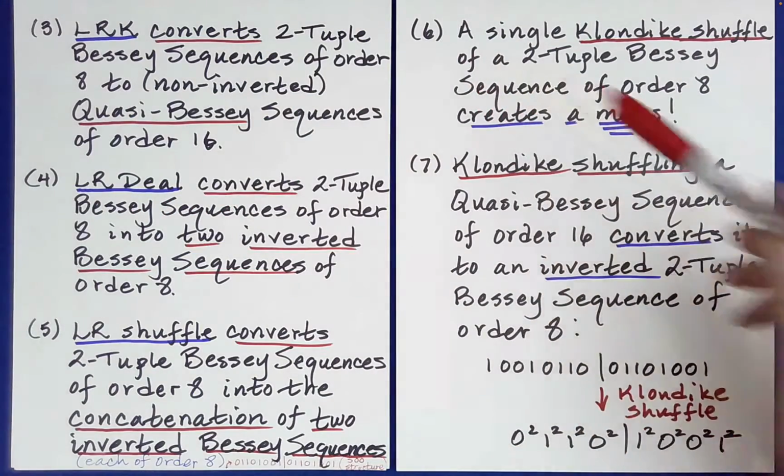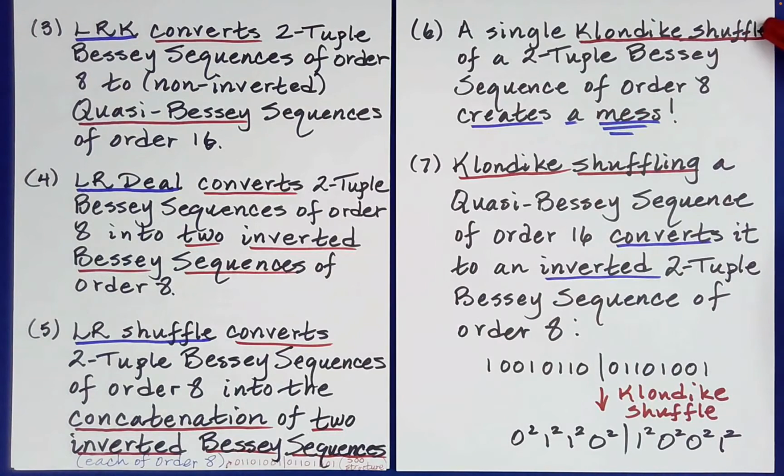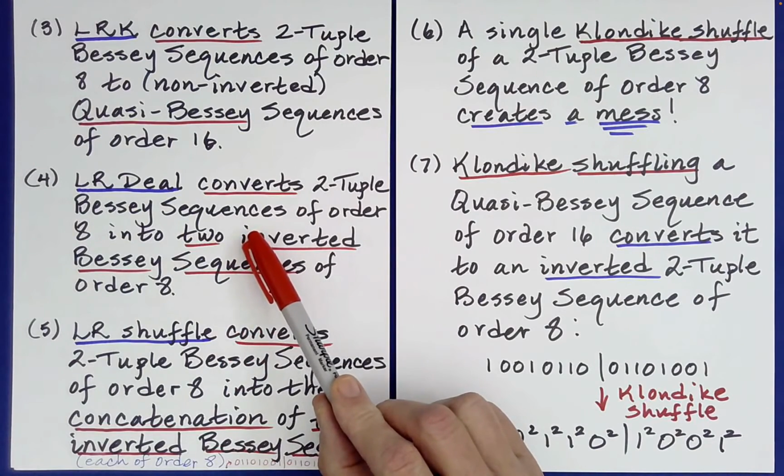Okay, and number 6, a single Klondike shuffle of a two-tuple Bessie sequence of order 8 creates a mess. Okay, so we've been using this Klondike with the LR or the LR with the Klondike, and we get interesting things happening. Or just an LR deal will do something interesting, as we pointed out here.